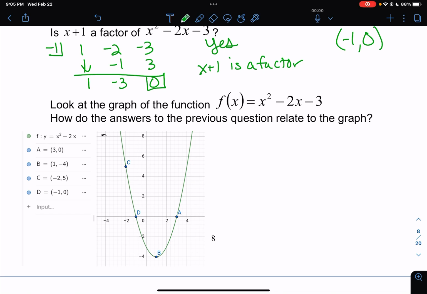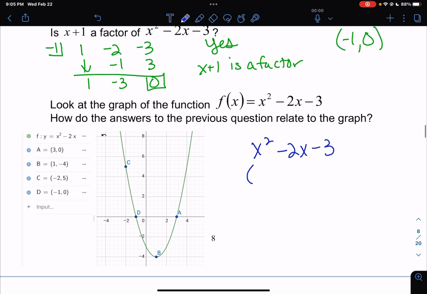So now let's look at the graph of the function f of x equals x squared minus 2x minus 3. The previous questions, we were asked to determine if any of those were factors. Well, it just so happens that we can factor x squared minus 2x minus 3 using the factoring techniques that we learned in our previous math classes.